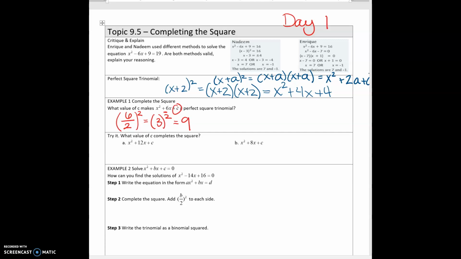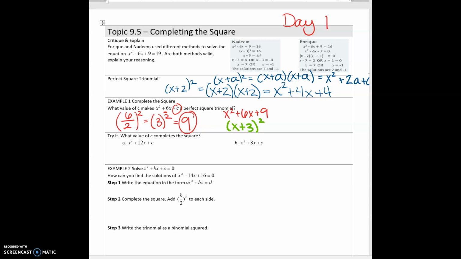So c is 9. And so if we look at it, it would be x squared plus 6x plus 9. And if we wanted to factor it, then it would be x plus 3 squared.